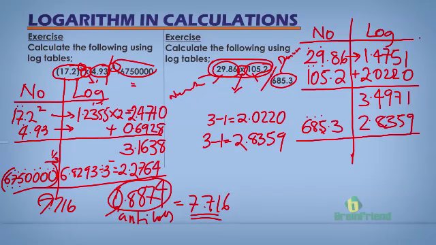That is, their logarithms will be subtracted one from another. We'll subtract 2.8359 from 3.4971. Let's get our value here. That would be 0.6612.